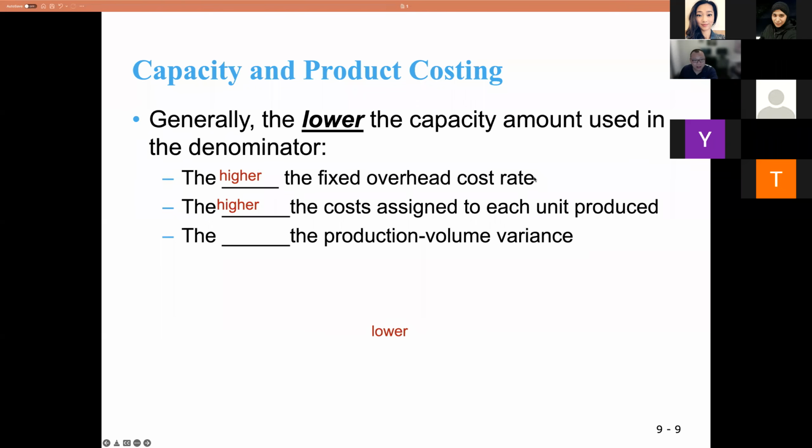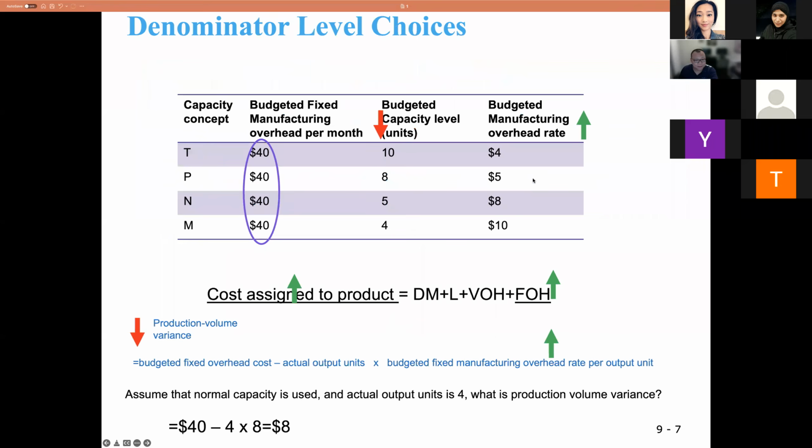In this formula, if this rate is higher and you multiply the number, the product will be higher, and there is a minus in front of it, so this will be lower. So the production volume variance moves in the opposite direction of the budget rate.